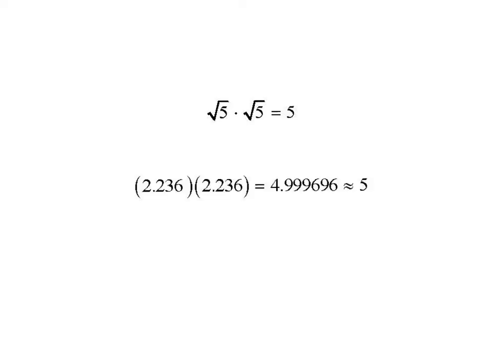The truth of the matter is that the square root of 5 times itself really is precisely 5, and that becomes an important distinction when you're working with it in the middle of a problem. When you use a decimal approximation, you can get close to 5, but you're not exactly on it.